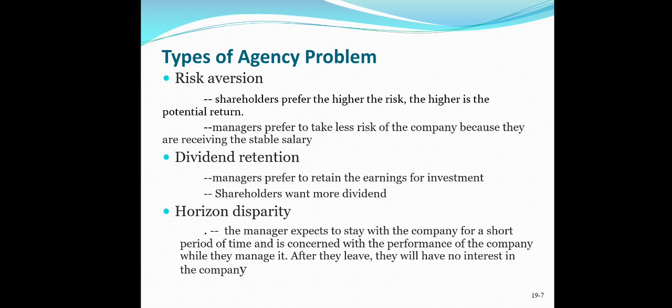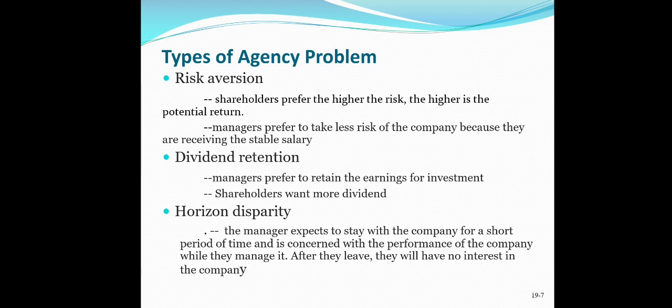If you have an agent, let's say in the future you have a company, you own the company. You have invested money in the company. You don't have time, or most of the time you do not want to manage the business because you have a lot of money. So you hire a manager, you hire a CEO to manage your business.